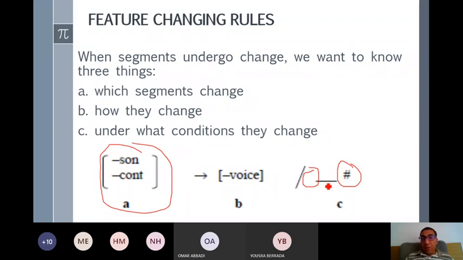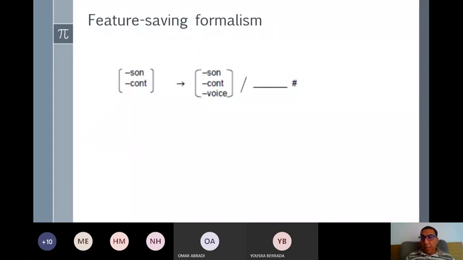In this rule, actually, we use a number of conventions. One of these conventions is that certain features, for example minus sonorant, minus continuant, are not repeated on the right of the arrow, because these do not change. Minus sonorant, minus continuant do not change, and so we delete them.